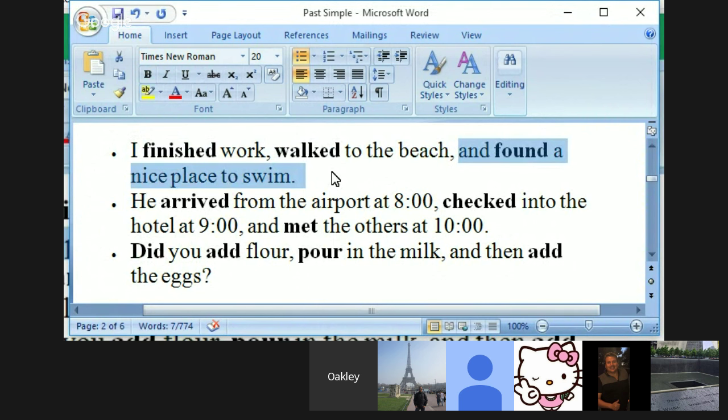Notice we don't need to say "and then." This is also another common language learner mistake, trying to link these activities by saying "and then," which, if you do it too much, sounds very annoying. And it's not necessary, as we can see here.